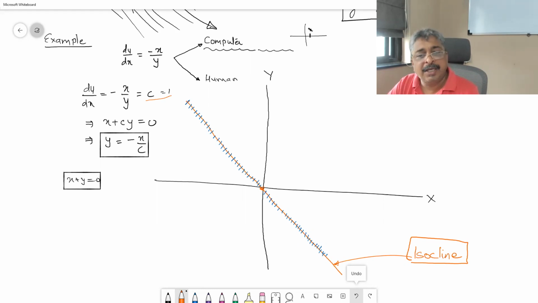Now in each quadrant at least 3, so 3 plus 3 is 6, and so on. So draw 8 isoclines.